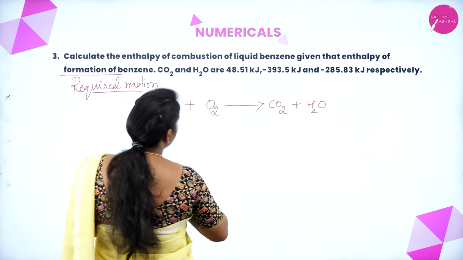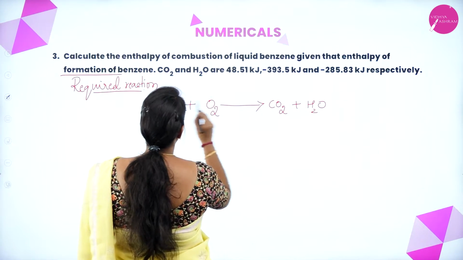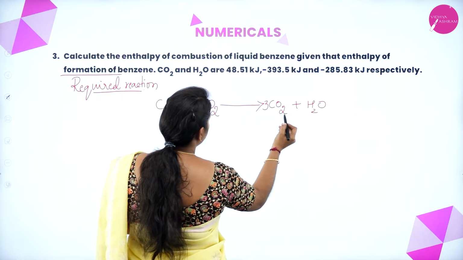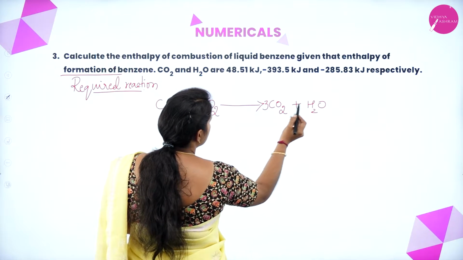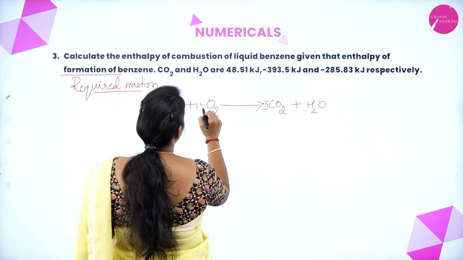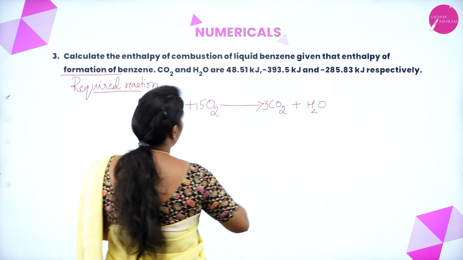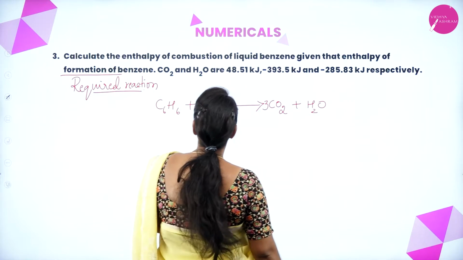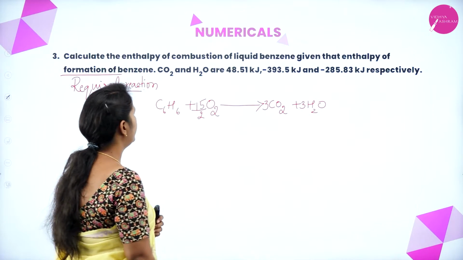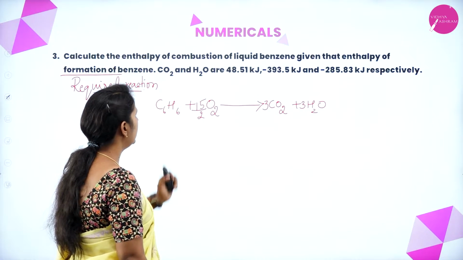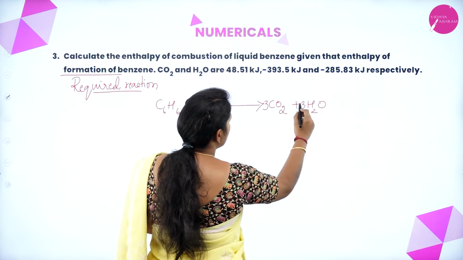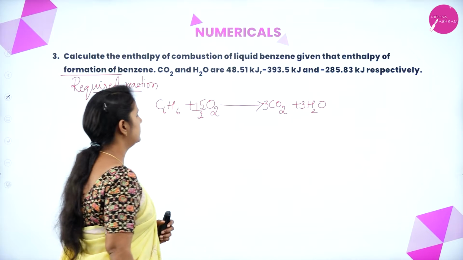Now 6 carbons will be there, so 6 CO2, and 6 hydrogens, so 3 water molecules. So it is 15 by 2 oxygen. You can see there are 15 by 2 oxygen, and 6 and 3.